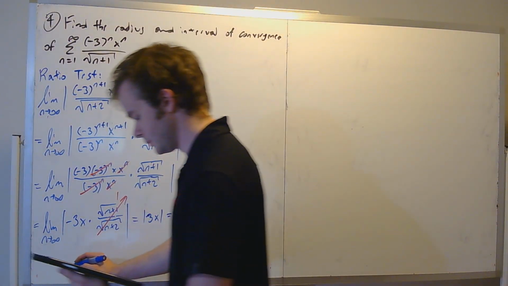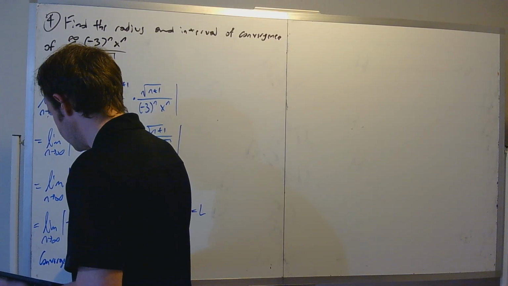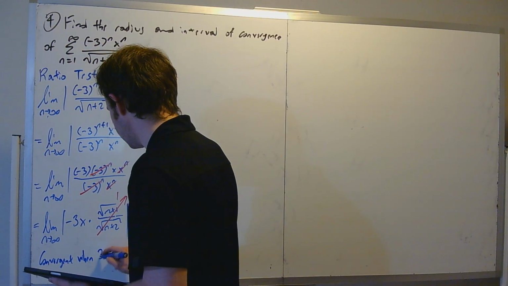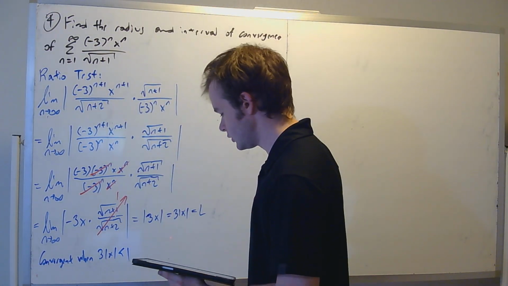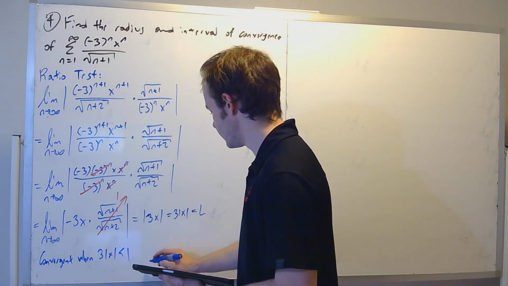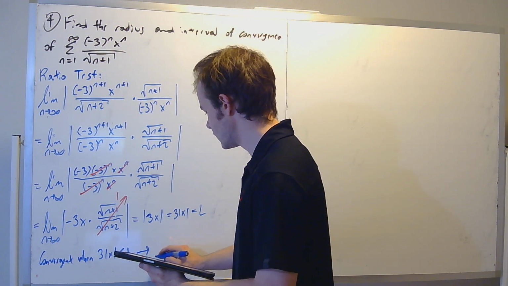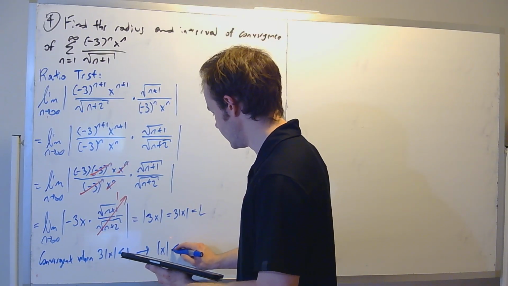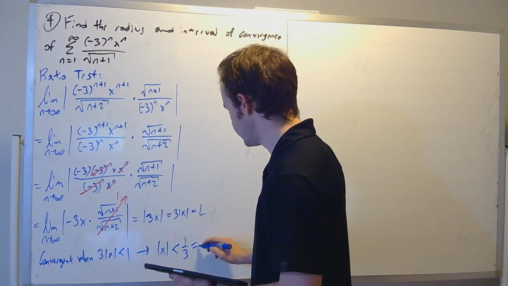So it's convergent when L, which is 3 times the absolute value of x, is less than 1, which also means, if you divide both sides by 3, that the absolute value of x is going to be less than 1/3, so that gives us our r.